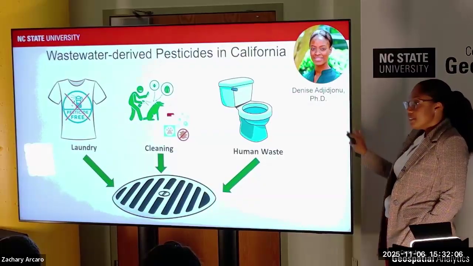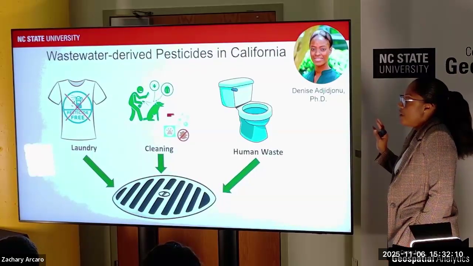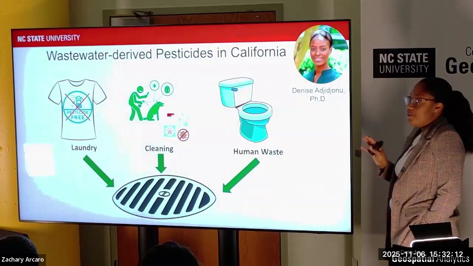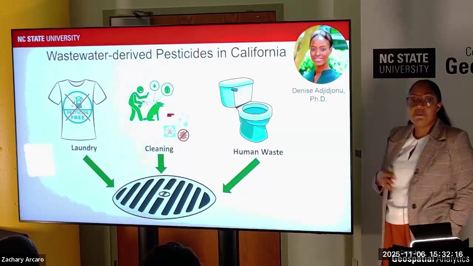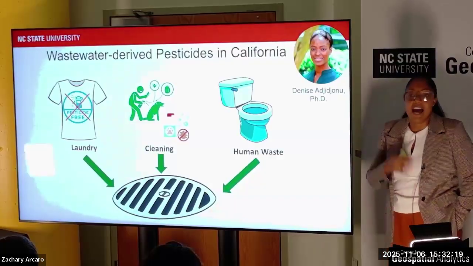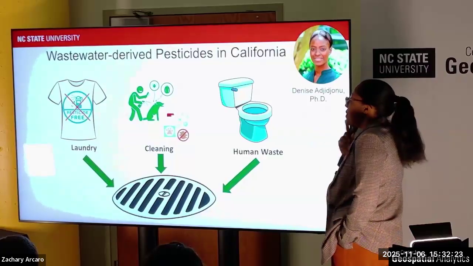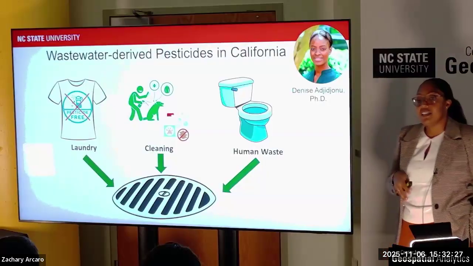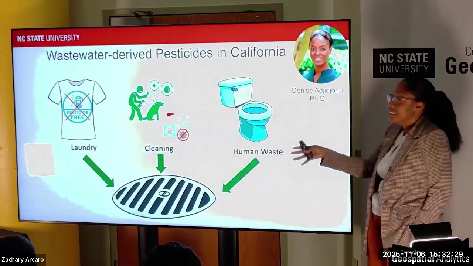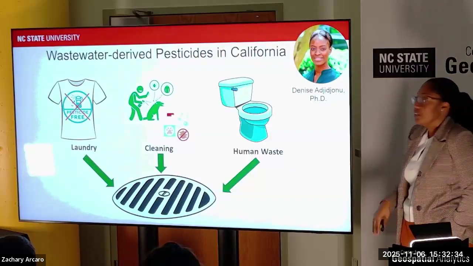So while the pesticide is not the emerging contaminant, we have a newer pathway, right? If I were to say I'm looking at pesticide occurrence, people would think I'm looking downstream of an agricultural field, right? However, there are several pesticides that are used in our daily life that go down the drain and lead to a municipal wastewater treatment plant.